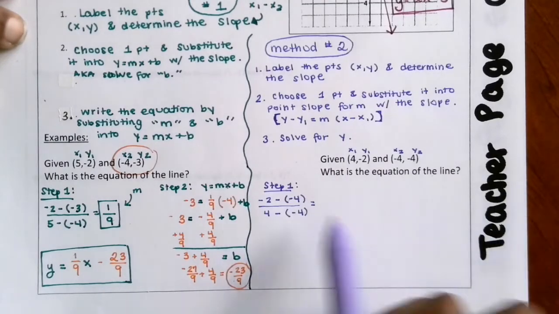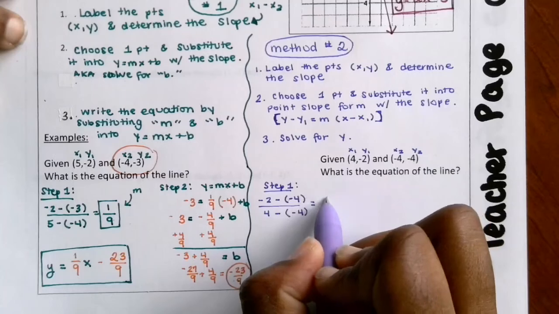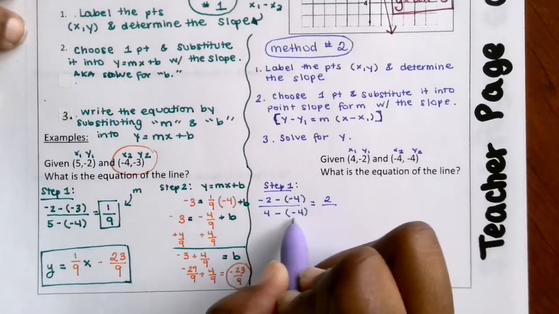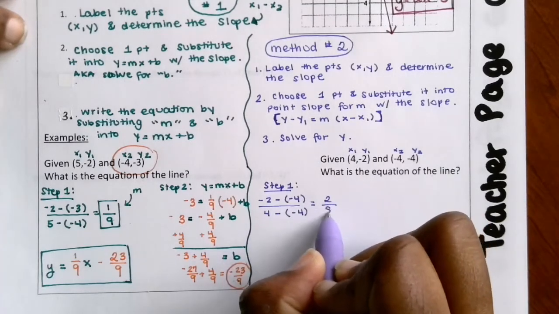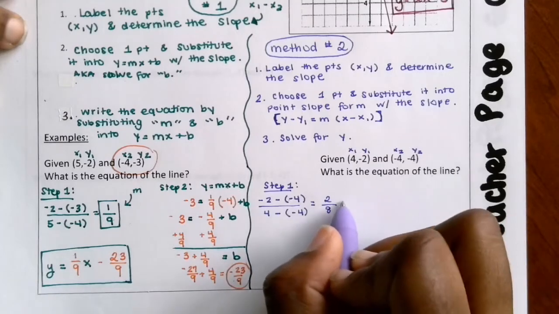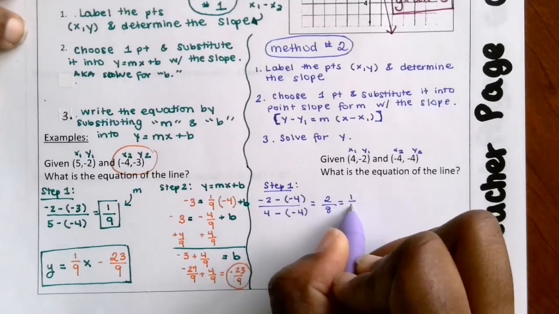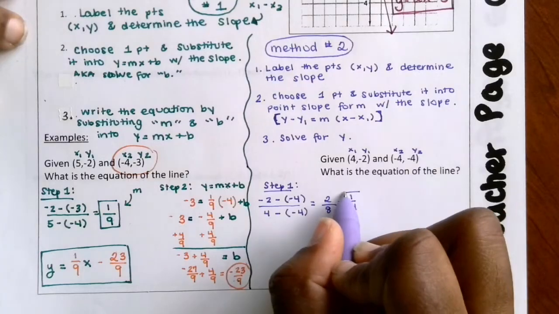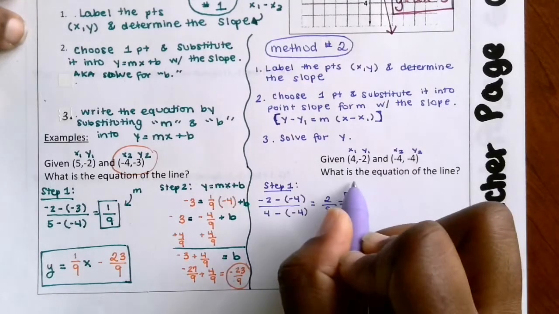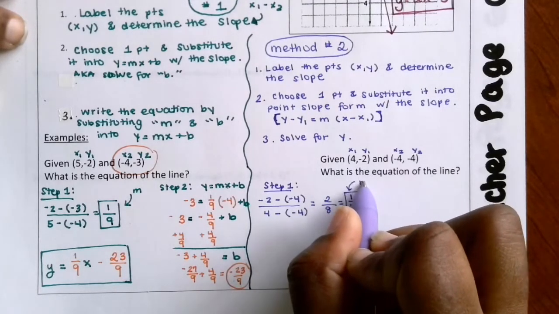To simplify, -2 minus -4 gives me a value of 2. 4 minus -4 gives me a value of 8. Remember that your slope must be in the most simplified form possible, so I will use the slope of 1/4 instead of 2/8.